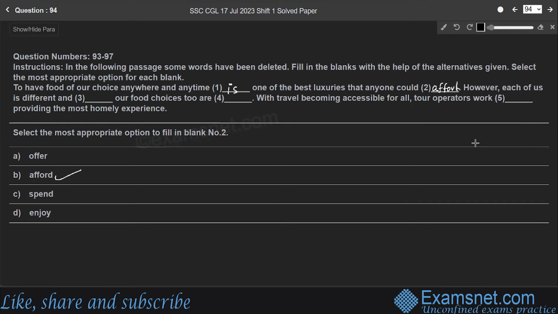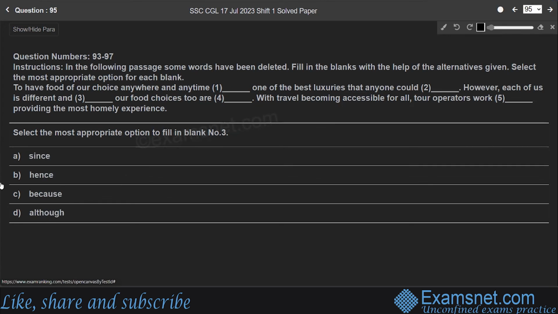Whereas the remaining words: offer means present or proffer to accept or reject as desired; spend is to pay for goods or services; enjoy means take delight or pleasure. So when it comes to the noun luxury, we always use the verb afford with it. Option B is the right answer.